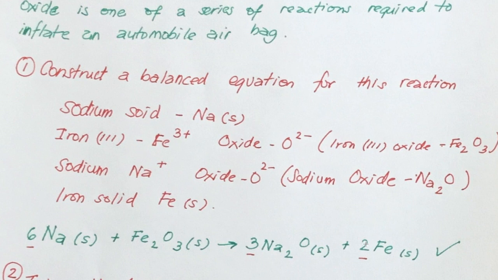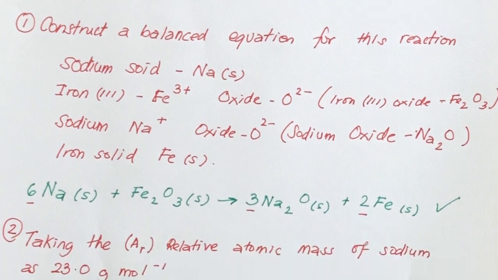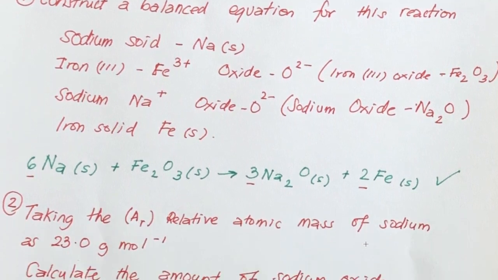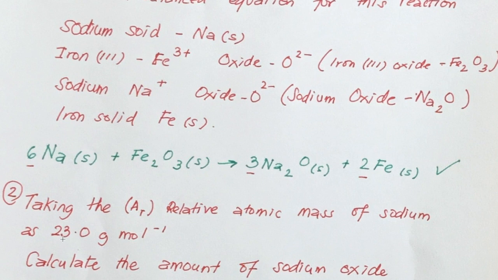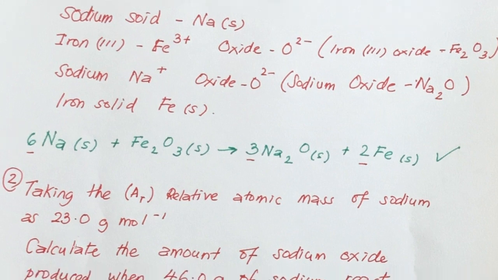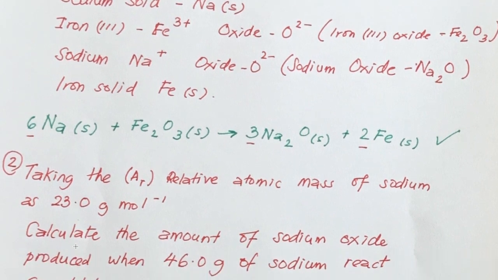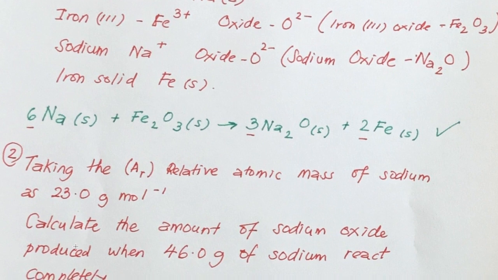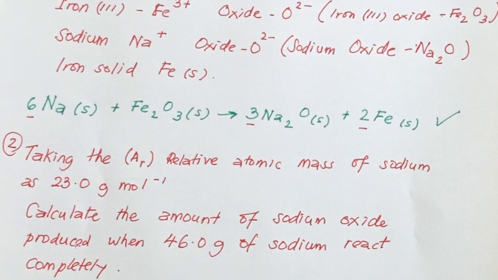But the question goes on to say, taking the Ar, the relative atomic mass of sodium, as 23, it's a little bit lower than this in the periodic table, but we're taking it as 23 grams per mole. Calculate the amount of sodium oxide produced when 46 grams of sodium react completely.